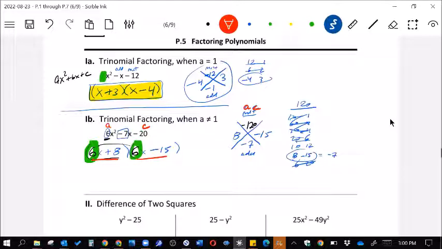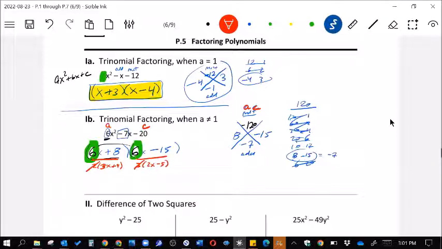So if I look at 6 and 8, I can see that there's a common factor there. Both of these can be divided by 2, so I get 3x plus 4, and I'm actually going to get rid of that 2. Here, I can take a 3 out of both of these and have 2x minus 5, and I'm going to get rid of that 3. 2 times 3 is a 6, and that's one of the extra 6's in there.